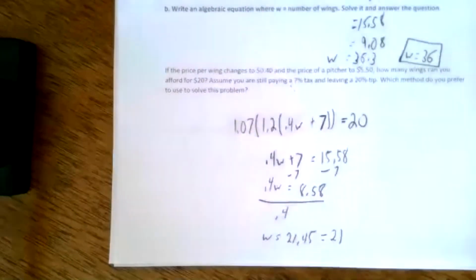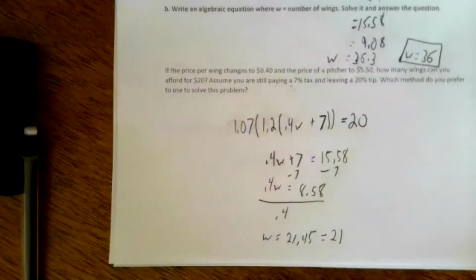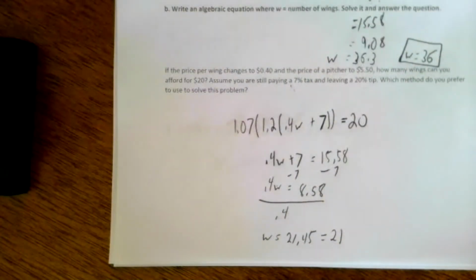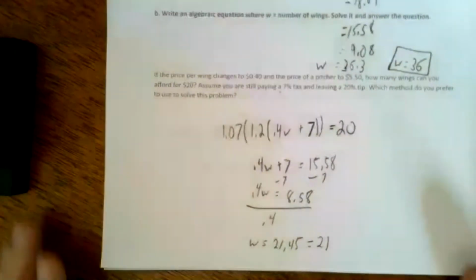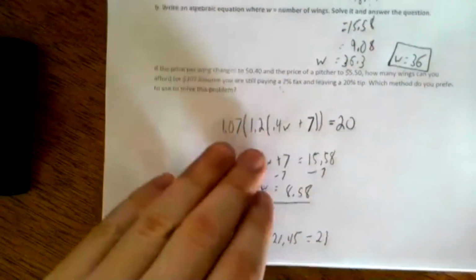Because we have to round down to make sure that we can afford all the wings that we buy. Okay. Any questions on this page? Okay. All right, I think we have one more page to do then.